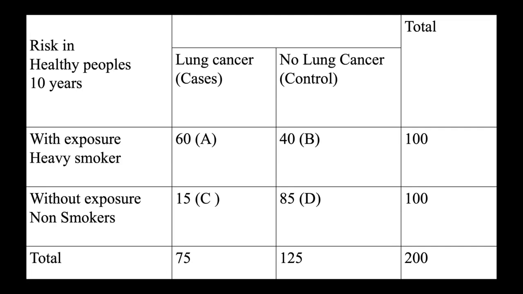Without exposure, non-smokers, 15 developed lung cancer and 85 did not. That's 100. On this side, the calculation: lung cancer was 75 and no lung cancer, there is 125. Can anybody calculate the relative risk?